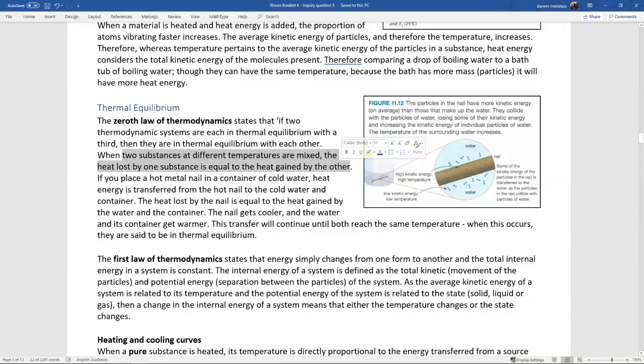If you think of yourself making a coffee or some kind of hot drink, if it's too hot, you add a little bit of cold milk and you stir it up. Both the heat of one and the coolness of the other cancel out, and they end up reaching a thermal equilibrium between them.